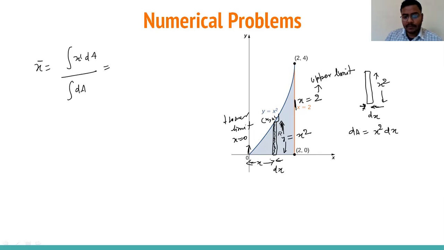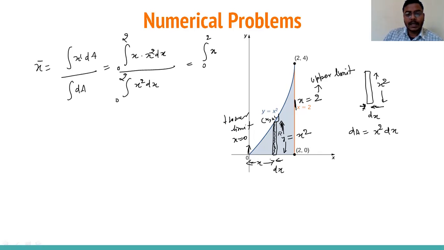Because the centroid will be here somewhere, the distance from the y-axis will be x. So we can write integration x. Now we can put the value of dA, that is x square dx. We don't know the area, so we will find it in terms of integration. So in place of dA, I'm writing x square dx. What is the limit? 0 to 2.